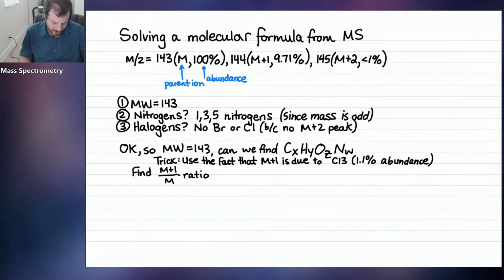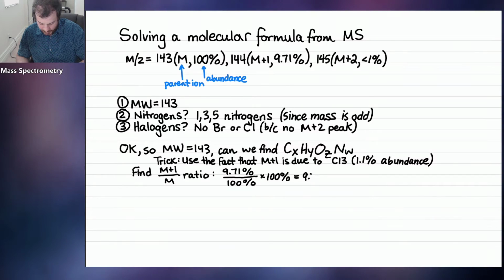And this will help us figure out how many carbons there are. So what is our M+1 abundance? It's 9.71%. And what is our M abundance? It's 100%. So if we do that division, multiply by 100%, we get 9.71%. It's kind of dumb math, but you'll see how this is going to help us. So then use the following formula.